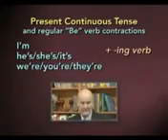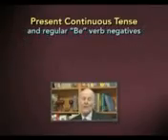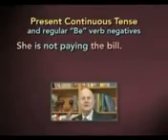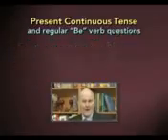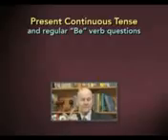And negatives. Negative verb forms also make regular be verb negatives, so it's kind of easy. She is not paying the bill. Or contracted, she's not paying the bill. Okay? And questions? Same story. They're regular, inverting or reversing subject and verb.